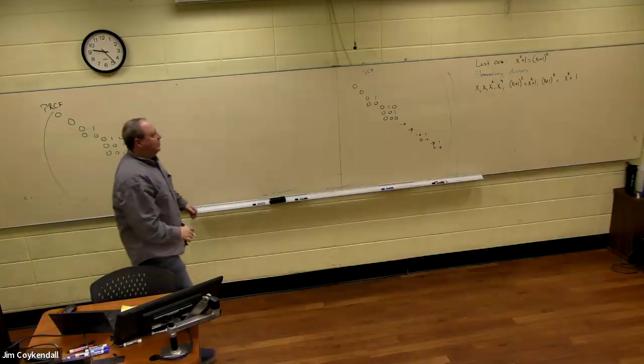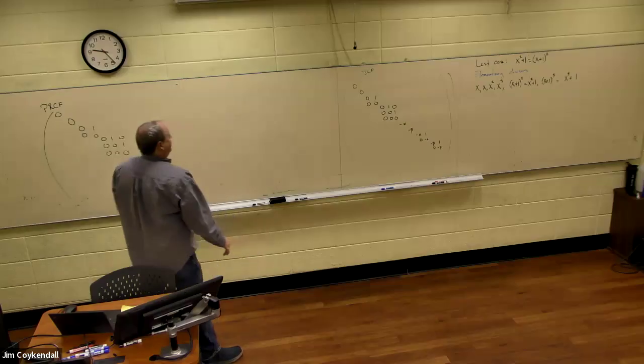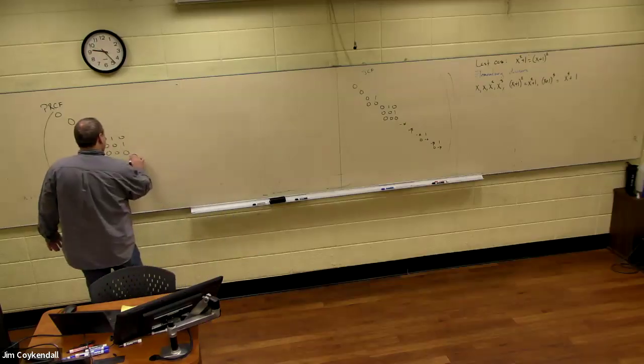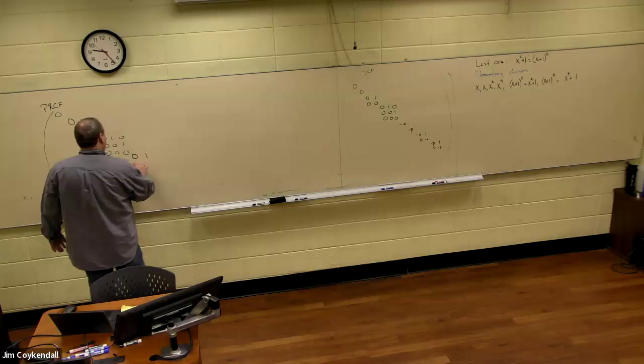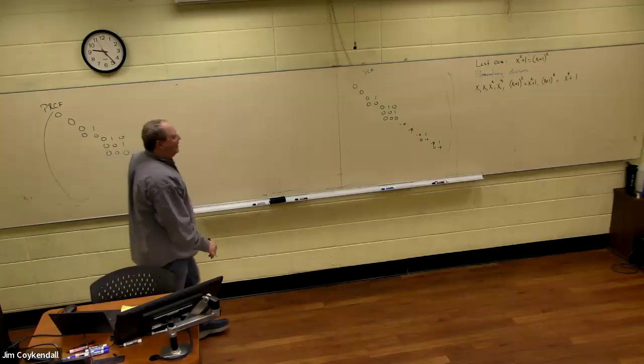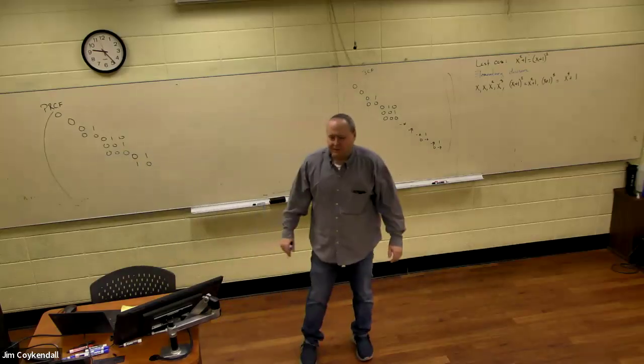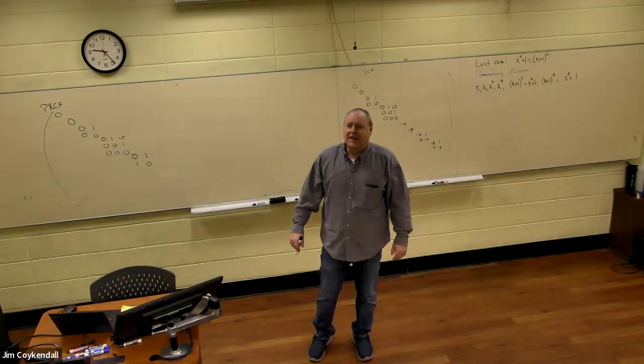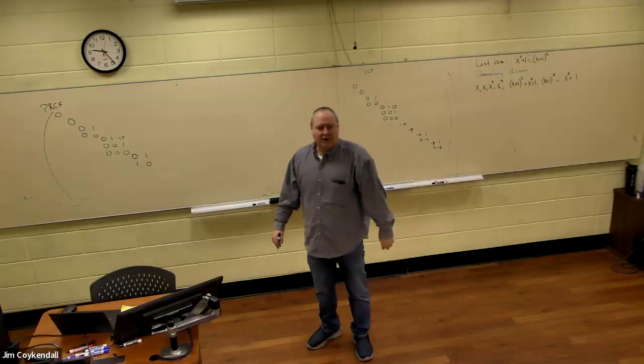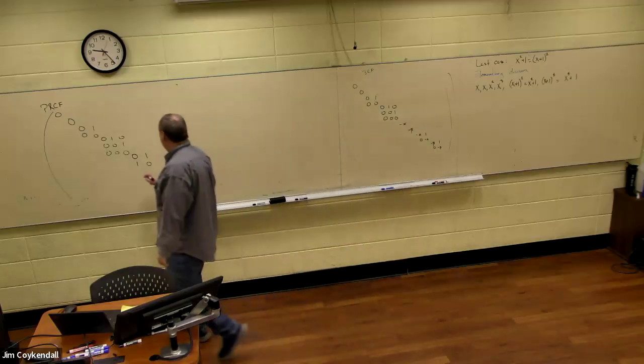Now let's go on to these other ones. Again, we've got this block here. It's like 0, 1, 1, 0. Why did I write 1 instead of -1? That's right, they're the same because we're in characteristic 2. I mean, I could write -1 here.